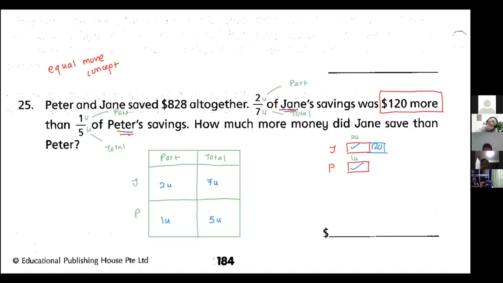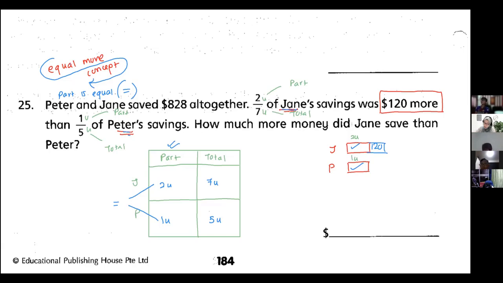For the equal concept, it means that the part is equal. So look at the part. You look at this 2 units and 1 unit, they need to be the same. Are they the same in the first place? They are not the same.